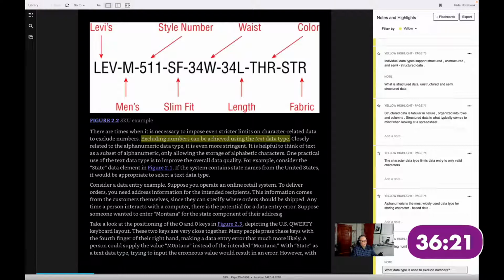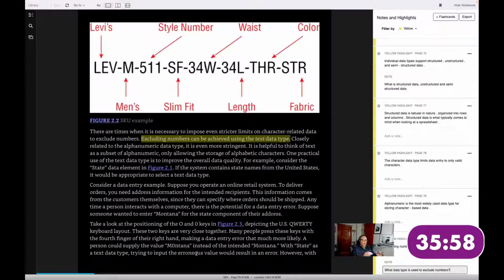Okay. So what he's basically explaining in these two chapters is, if you look at the O and the 0 on the keyboard, they are very close, and that would be a reason you would use a text data type.